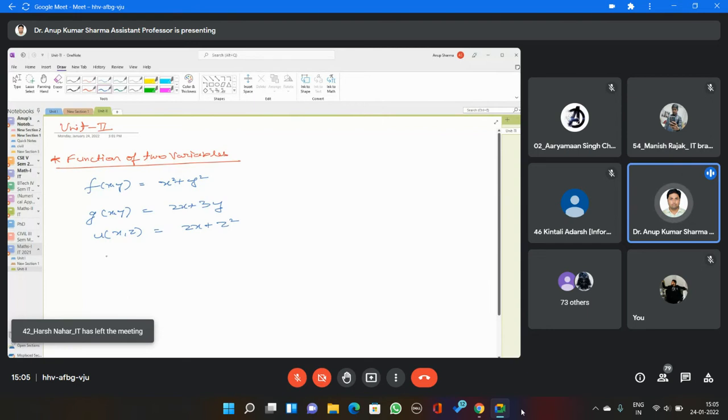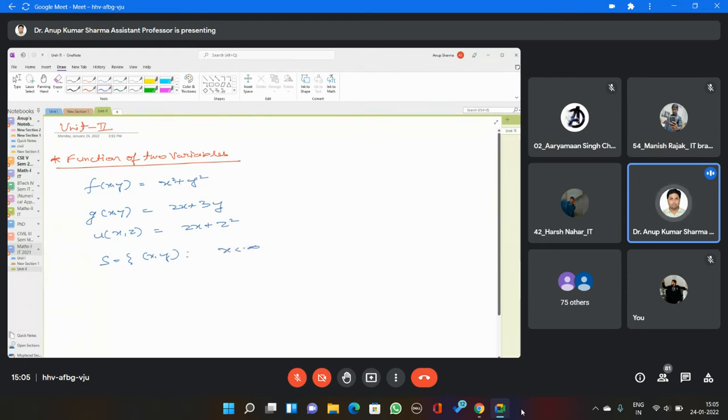So in this case, what is the domain? The domain is defined in this manner: the set of points where x may range from minus infinity to plus infinity and y may range from minus infinity to plus infinity. So here the function maps S to R, the real numbers. And what is S?